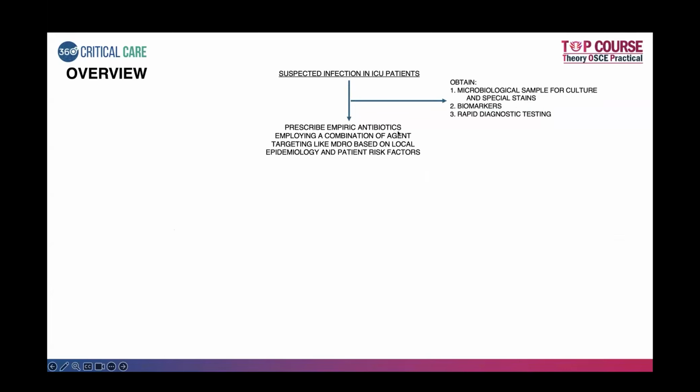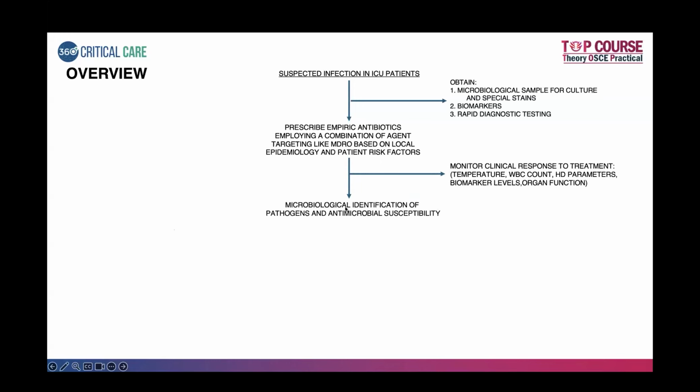Then prescribe empirical antibiotics, employing a combination of an agent targeting MDRO based on local epidemiology and patient risk factors. Then monitor the clinical response to treatment. Then microbial identification of pathogens and antimicrobial susceptibility need to be done at 48 to 72 hours, which is the antimicrobial timeout.